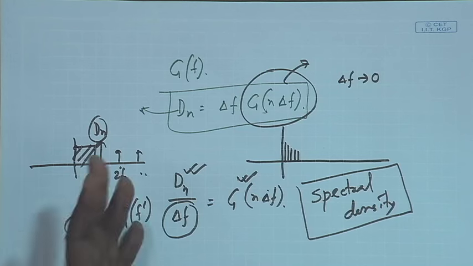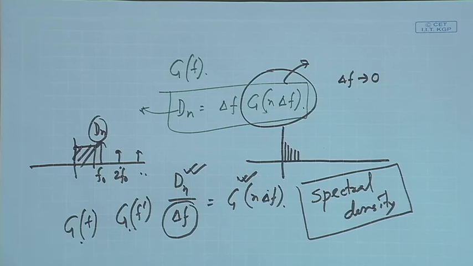G(f) and G(f') will have a relative strength to each other, but their actual strength, if you wish to calculate it, must be multiplied by del f, and only then will we get the equivalent value with respect to d_n. Once I do that and del f tends to 0, I do not get anything.